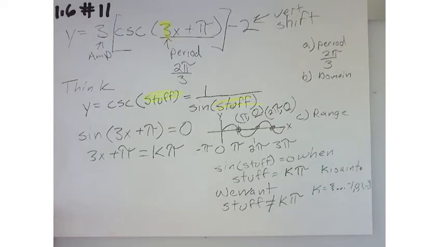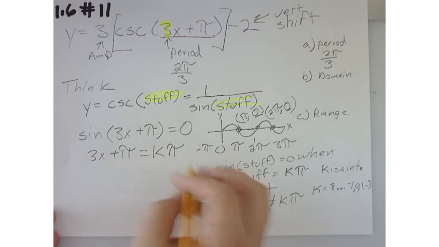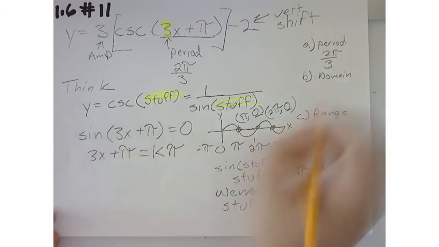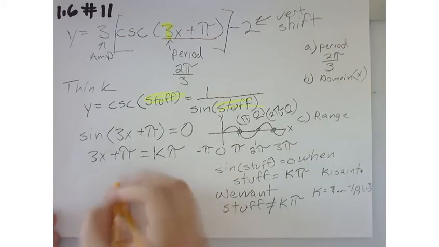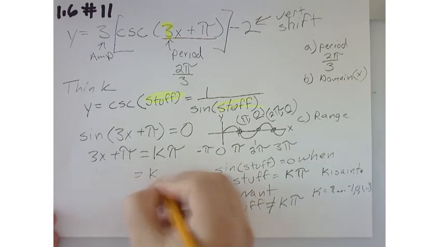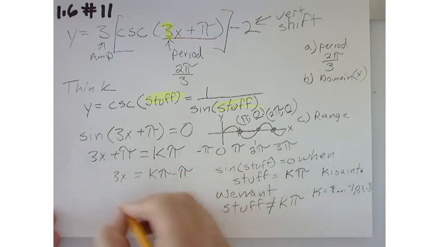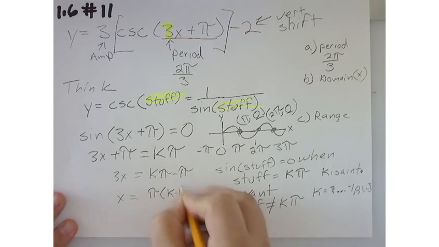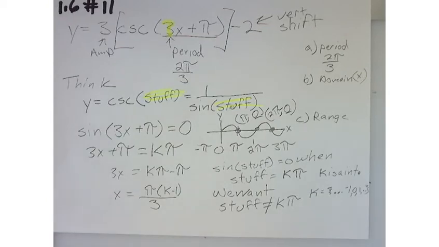And by the way, we're just doing algebra, right? I'm going to try to finish up. I want to solve for x, because our domain focuses on the x. If I subtract pi from both sides, I get k pi minus pi is equal to 3x. Divide everything by 3, and if I factor out the pi, I get pi times the quantity k minus 1 all over 3.